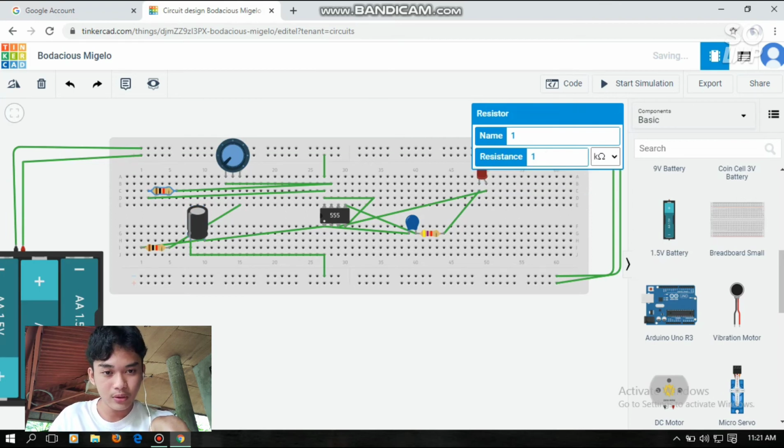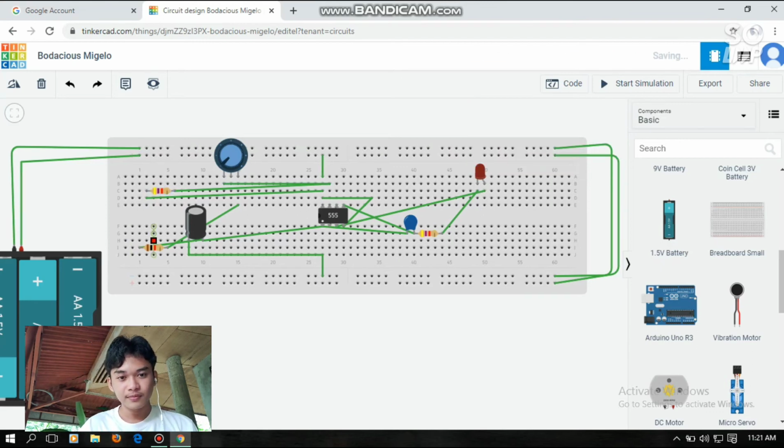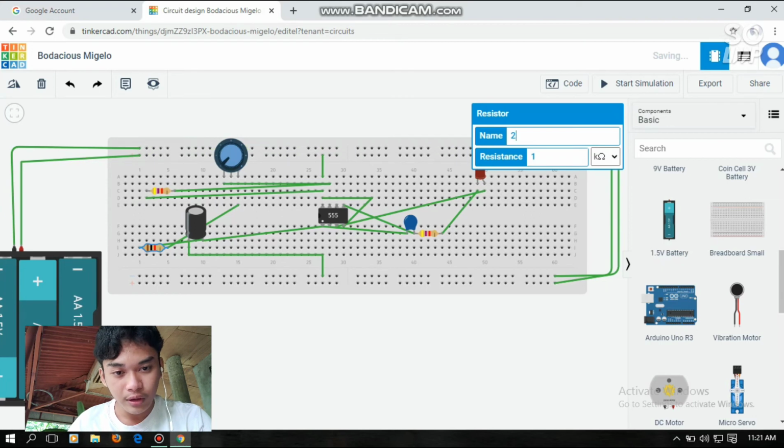Then the resistor 3, the resistance is 4.70 kilo ohms. Resistor, changed resistance to 4.70 kilo ohms.